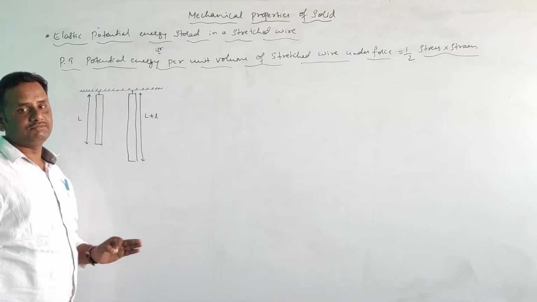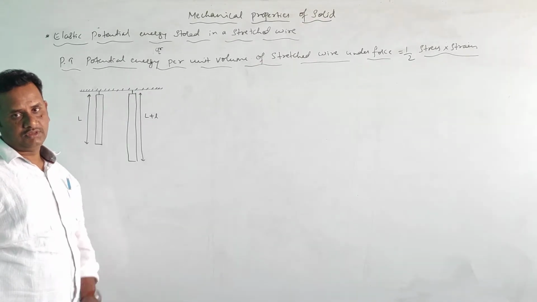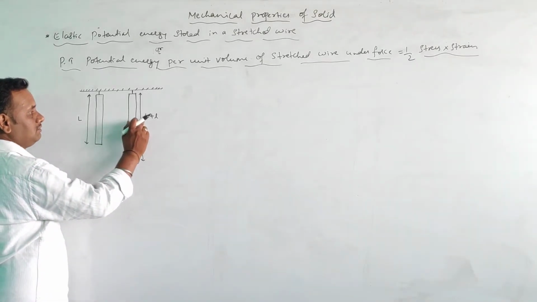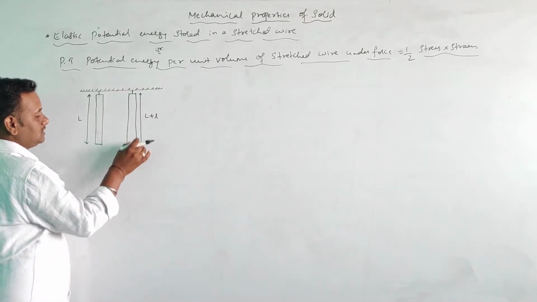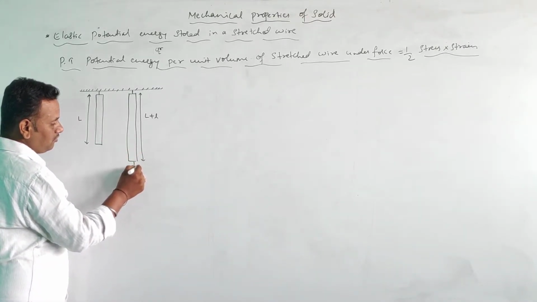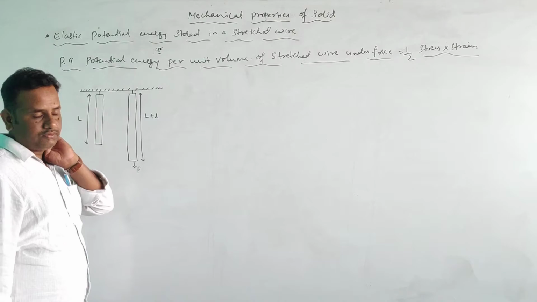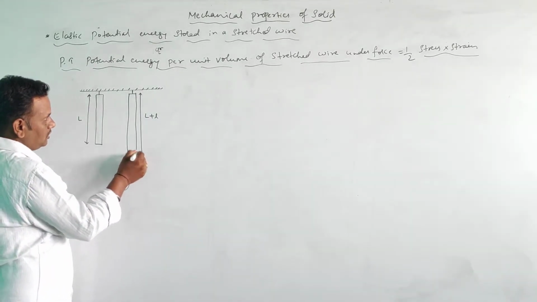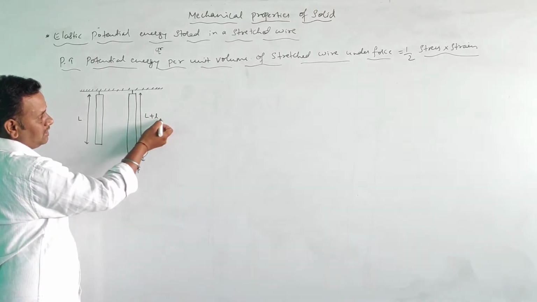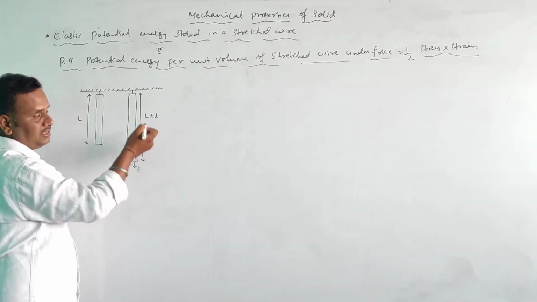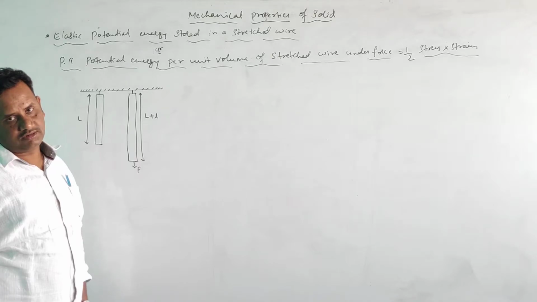That 0.5 centimeter is our increase in length, and 15 centimeter is our original length. So when we apply some force on this wire and stretch it, there will be an increase in the length, and small l is the increase in length of the wire.